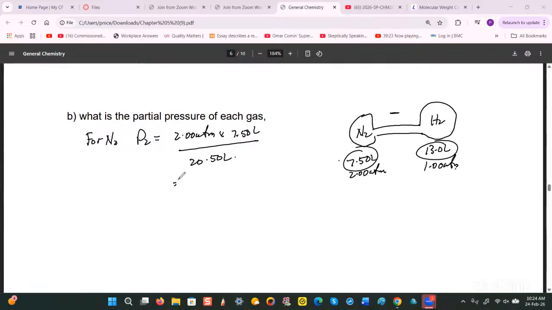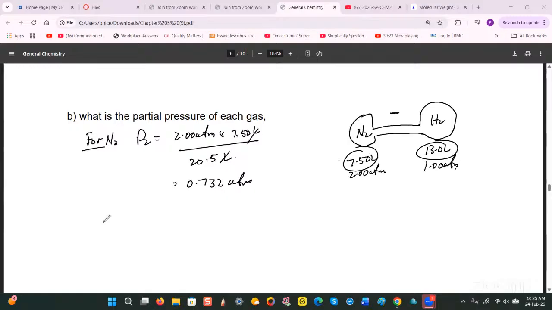So let's see what that would give. 2 times 7.5 divided by 20.5. According to my calculation, I got 0.732 atmospheres, because liters will cancel out.